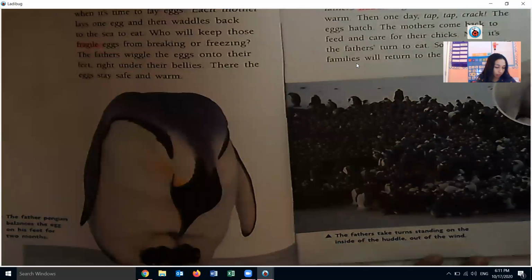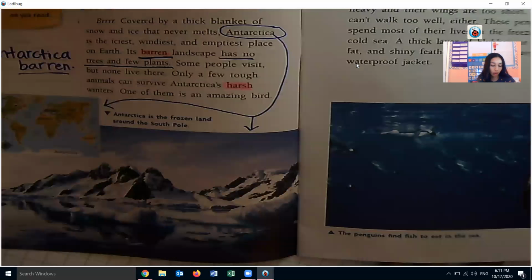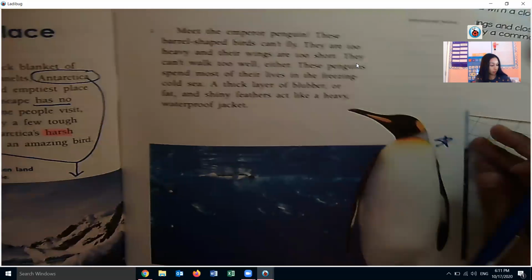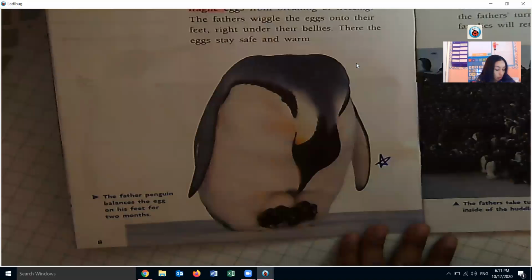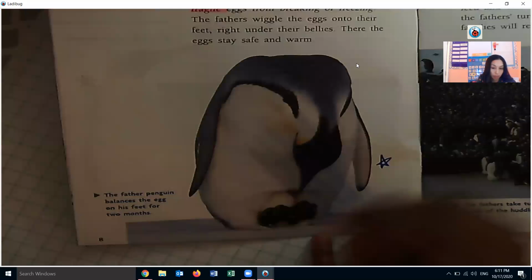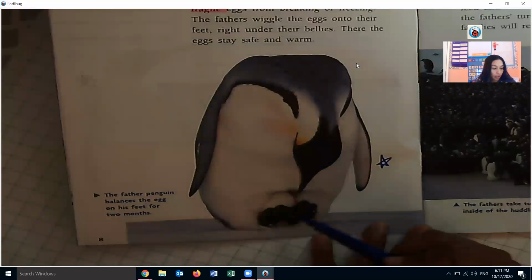So maybe we can put a little star by all of our penguin pictures. There's one little penguin. There's a dad penguin in this picture. It really shows the egg information they're talking about, how he balances the egg on his feet.